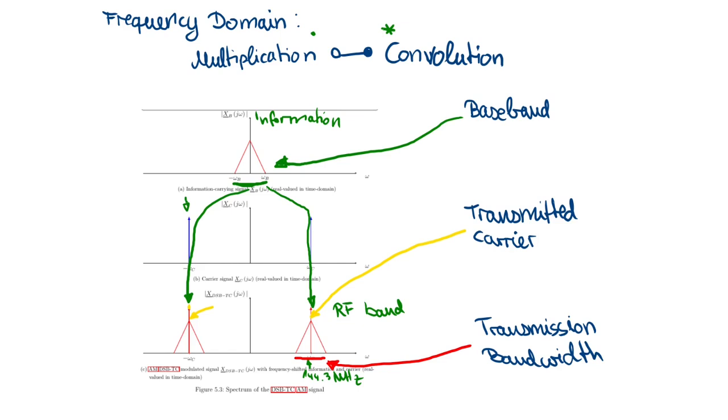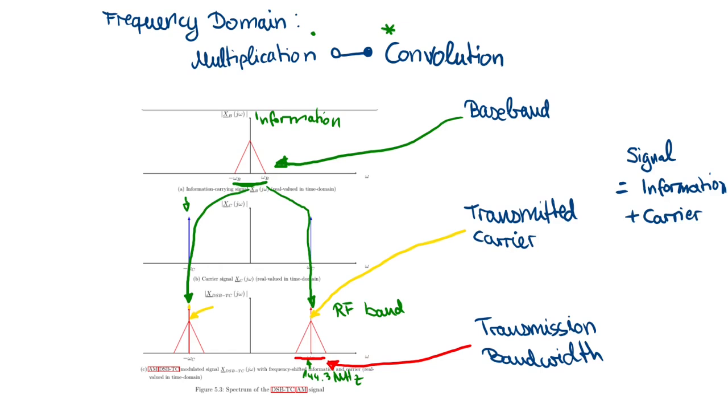And in fact, the transmitted carrier also requires energy, so the total signal power is composed of the information, which is shifted up to the RF band, so the modulated information, plus the carrier, which is still present.